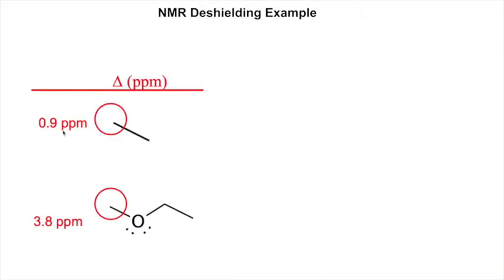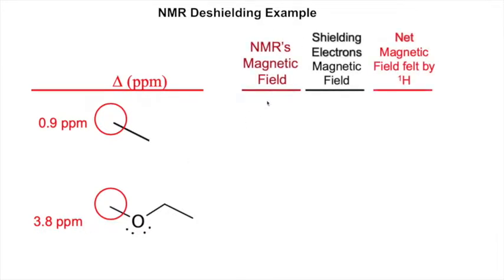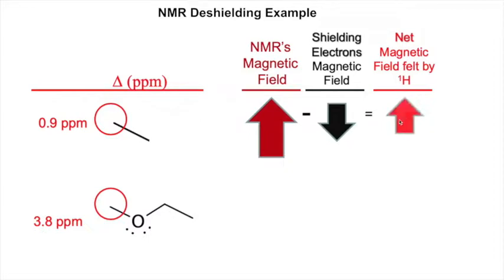So let's look at an example. I've got this alkane here, might show up at 0.9 parts per million, and then I've got an alpha to an oxygen, 3.8 parts per million. So let's look at the magnetic field of the NMR. That's very strong. And the magnetic field of the shielding from the electrons around the nucleus of the hydrogen, they'll subtract a little bit, so you'll have something like this.